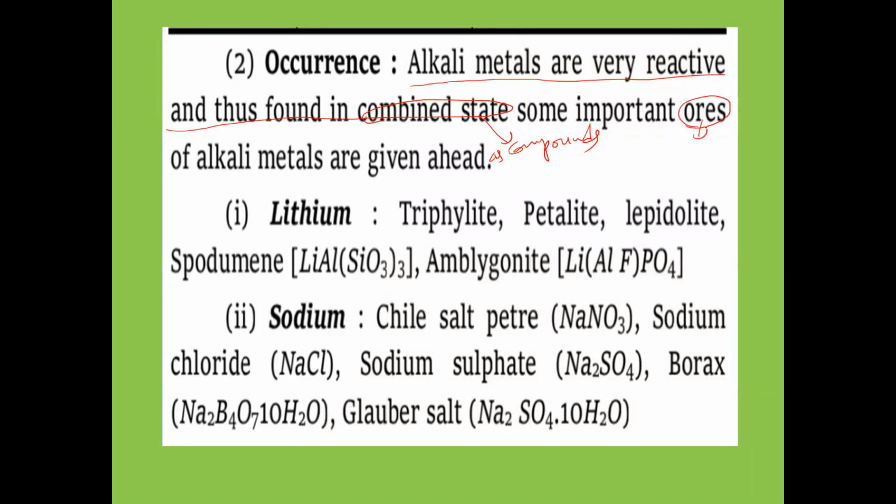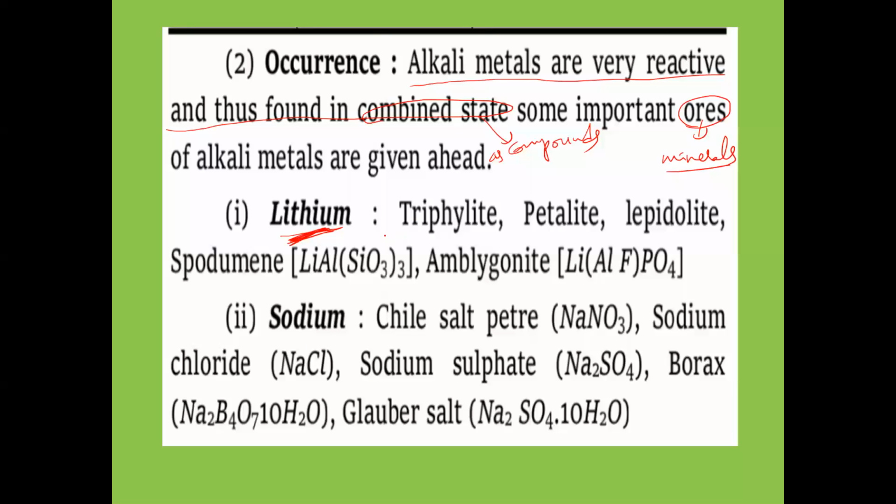Ores means minerals. The important minerals of metals are called ores. So the important ores of alkali metals are given ahead. I will send you the PPT. Just go through the names of these metals.